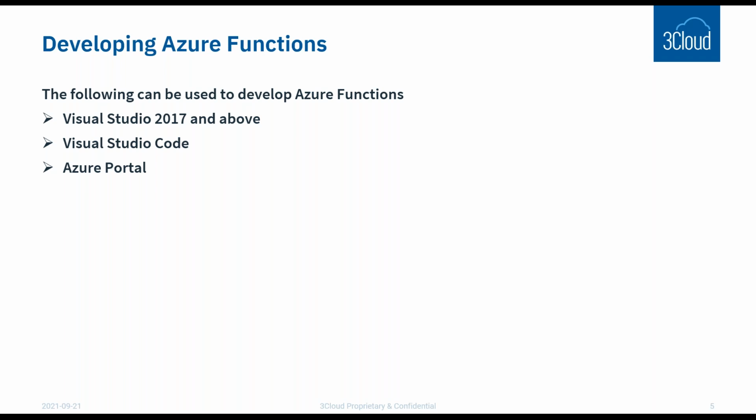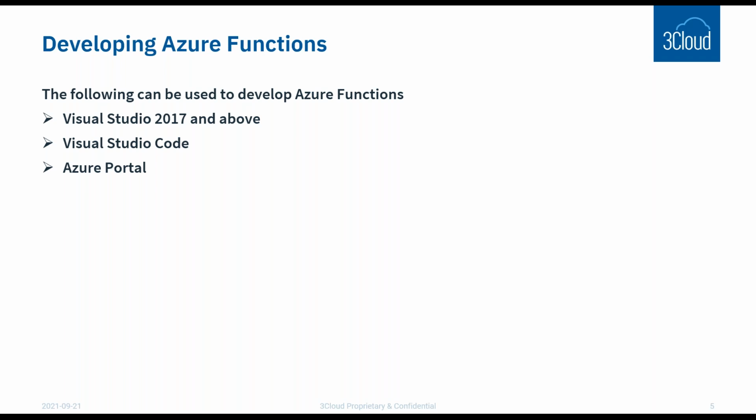Now with the Azure portal, I typically only use that if I'm prototyping or trying to test something out, because the interface built right into the Azure portal writes your functions right to the actual function app.